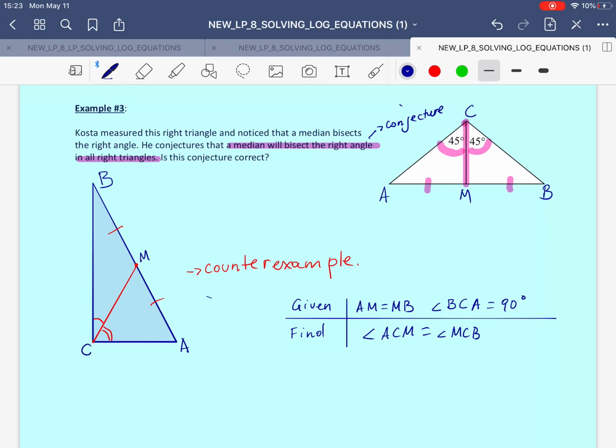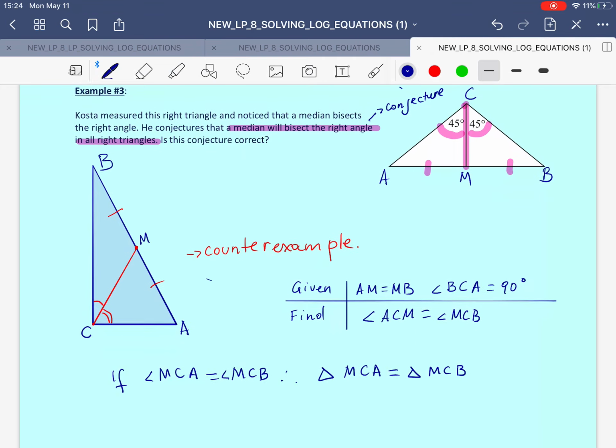Okay, so let's check and see. For these two angles to be equal, we need the two triangles to be equal to each other. If angle MCA equals angle MCB, then triangle MCA must be congruent to triangle MCB.